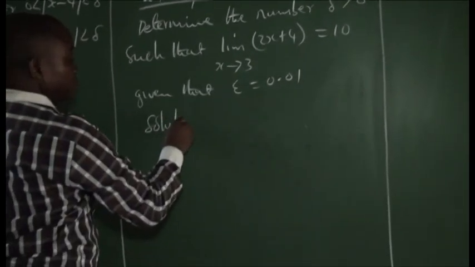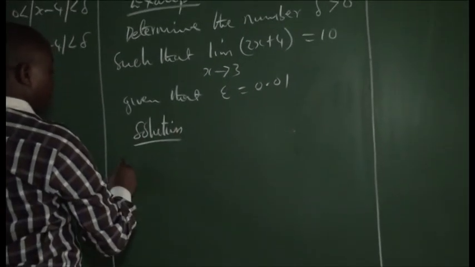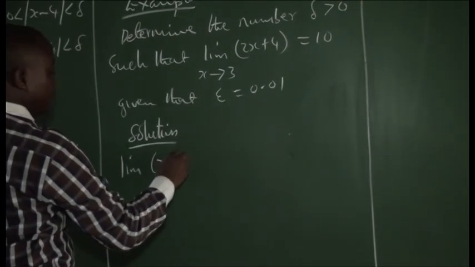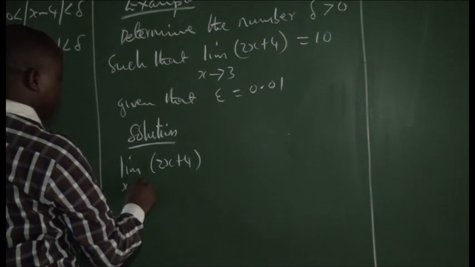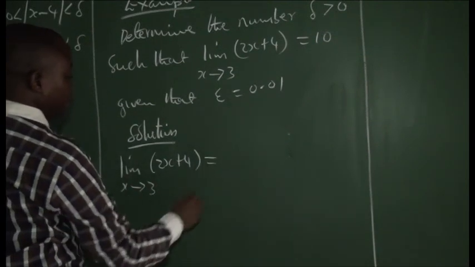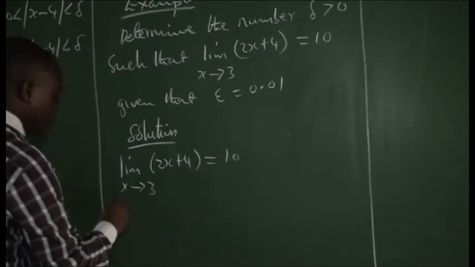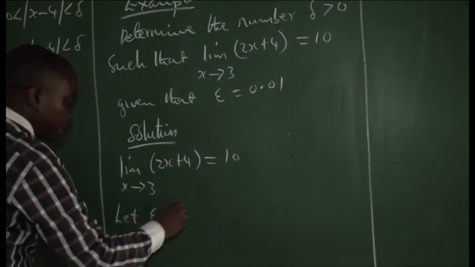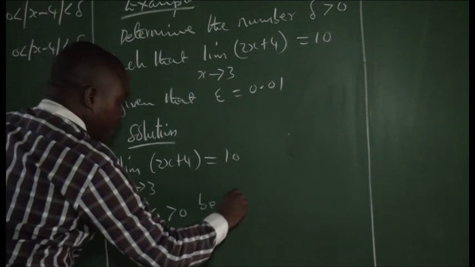Solution. The limit of 2x plus 4 as x approaches 3 equals 10. Now, let epsilon greater than 0 be given.